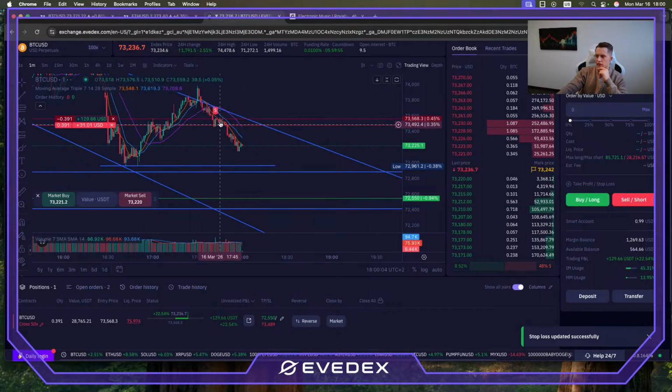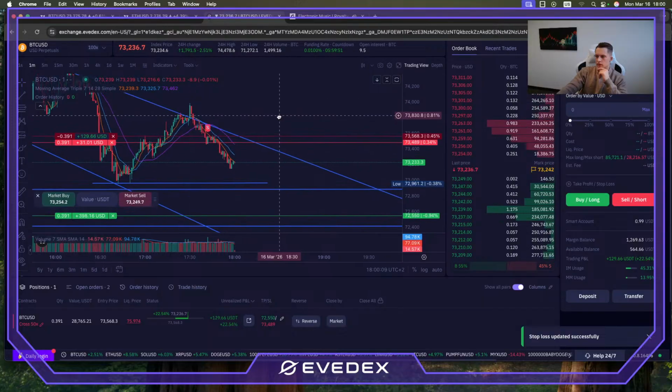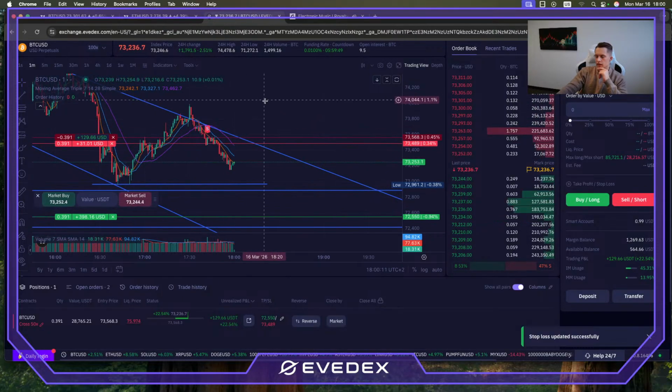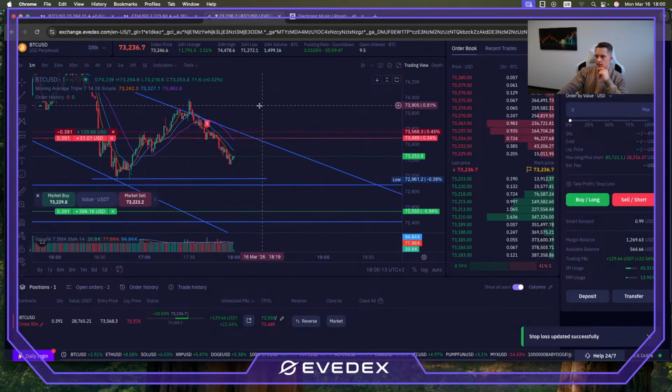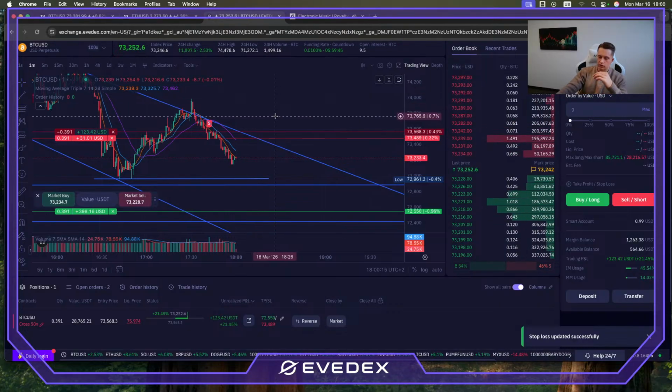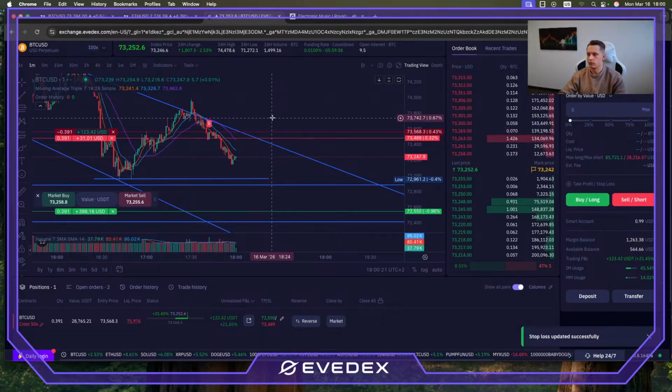So as you see, these three indicators are showing strength in the bearish trend. The momentum is still there, the strength is still there, and we're still expecting that bearish movement.